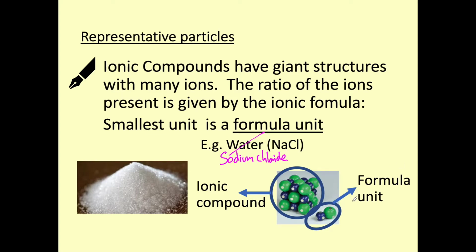But because for every 1 chlorine there is a sodium, we've simplified that down to a formula unit of 1 blue and 1 green. So when we're talking about a mole of sodium chloride, we're talking about a mole of NaCl. So pause the video whilst you write down this third type of representative particle.